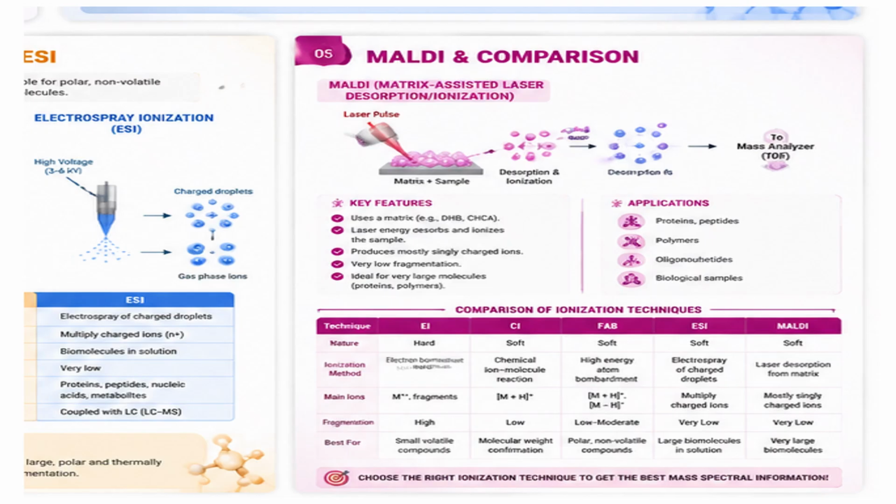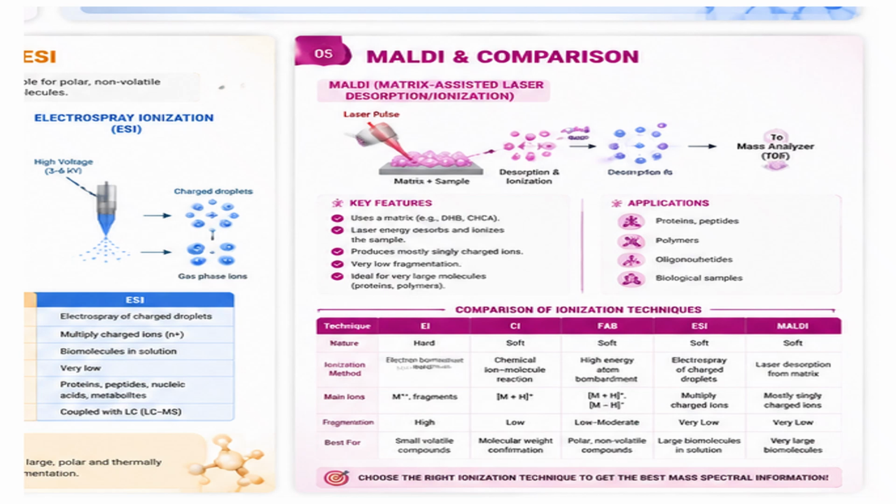We will now discuss MALDI and the comparison of different ionization techniques. Before MALDI, the slide also shows Electrospray Ionization, or ESI. ESI is a soft ionization technique in which a high voltage, usually 3 to 6 kilovolts, is applied to a liquid sample.